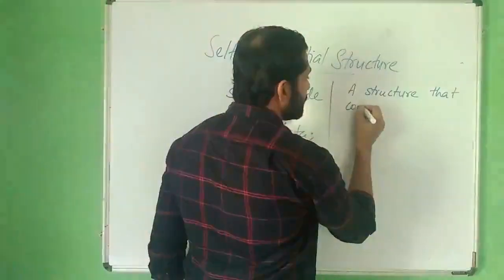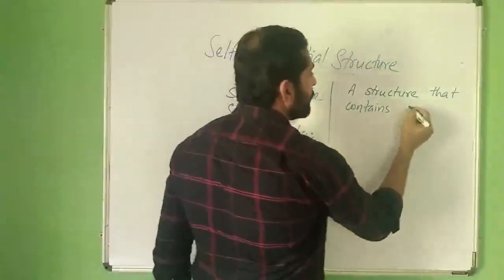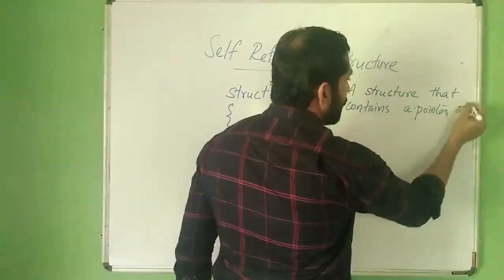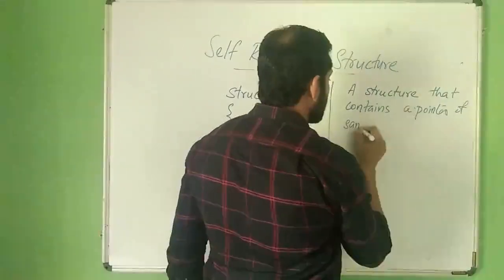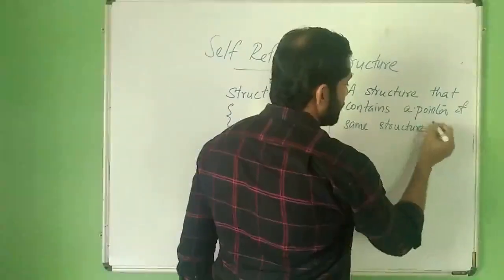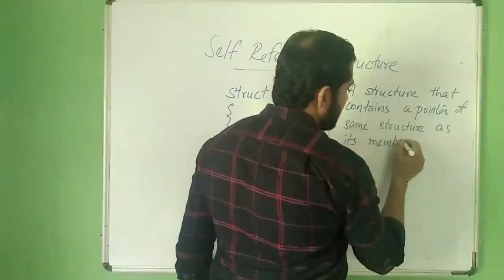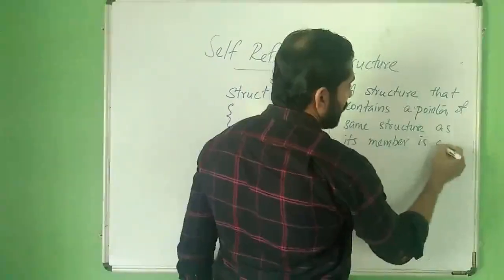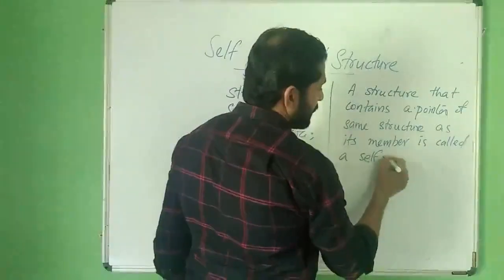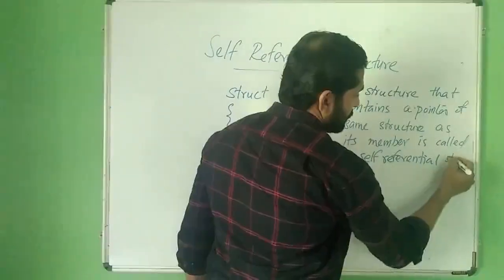So a structure that contains a pointer of the same structure as its member is called a self-referential structure.